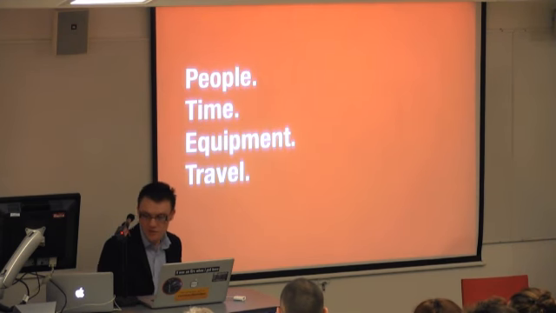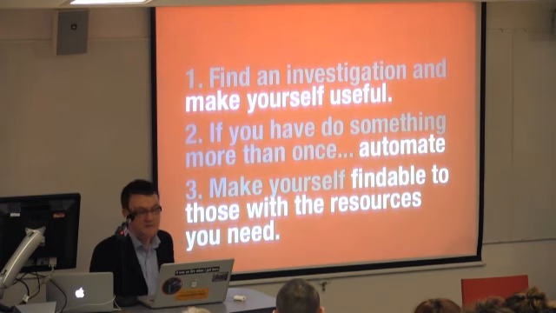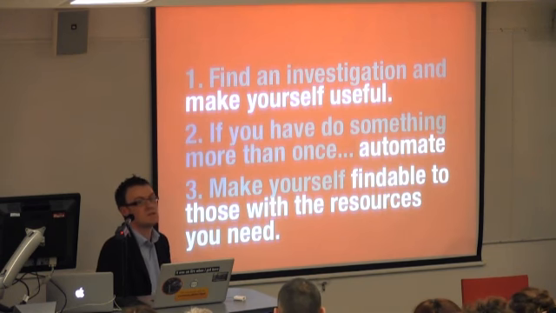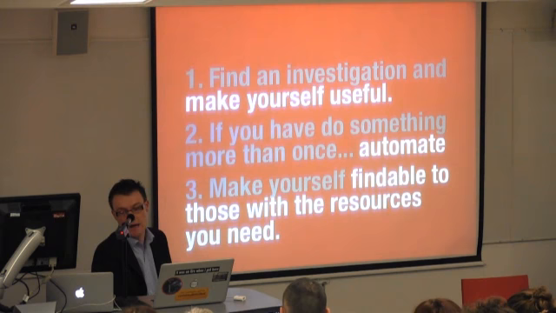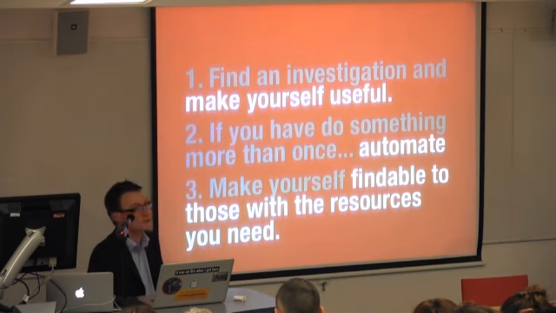So, just to sum up, those are the kind of main costs. Making yourself useful saves you time, saves you cost on people. It helps you get other people involved. Automating things saves you time. As Jonathan said, it can save you weeks.